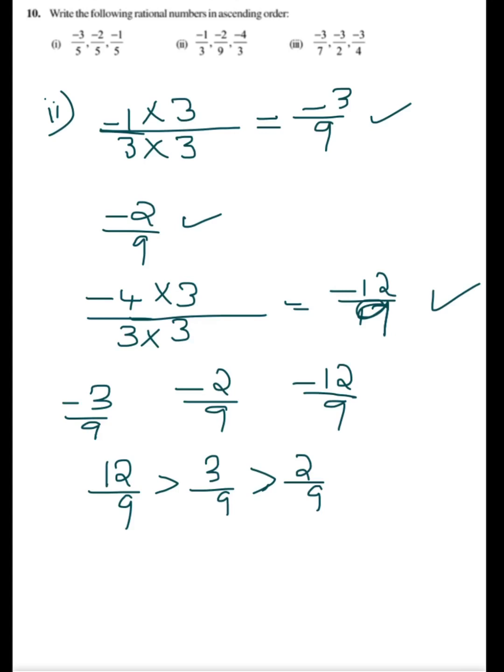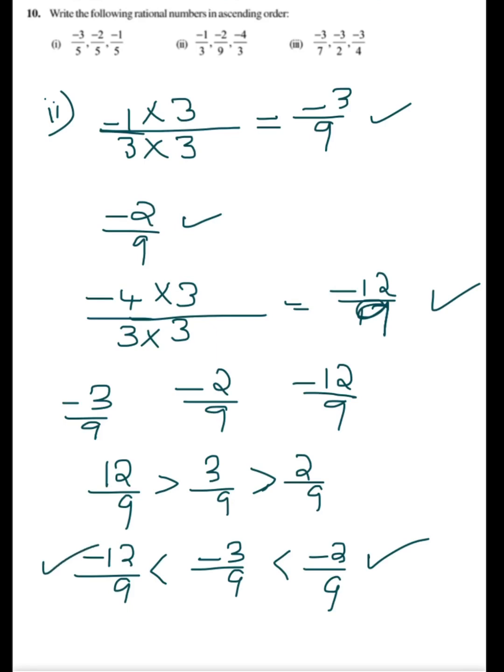But when you are putting the negative sign, what happens? Minus 12 by 9, minus 3 by 9, minus 2 by 9. Then the order gets reversed. Okay, that means minus 2 by 9 will become the greater number and minus 12 by 9 will become the smaller number.